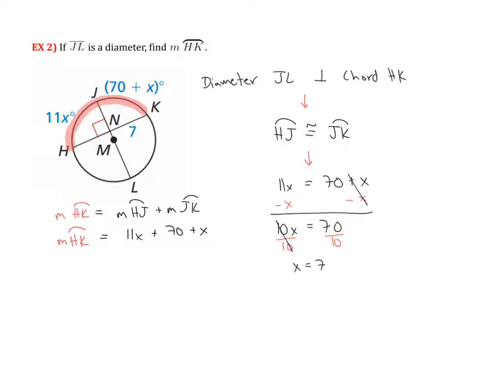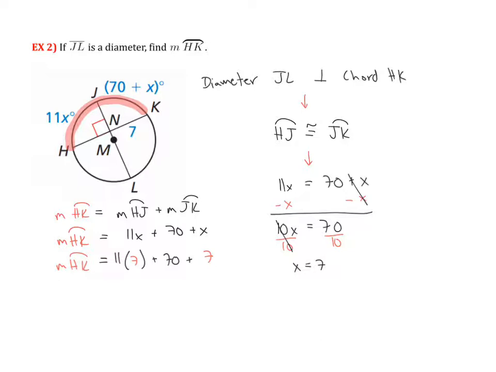Now, I already know what x is, so I'm going to substitute 7 wherever I see an x. So we get that the measure of arc HK is going to be equal to 11 times 7 plus 70 plus another 7.